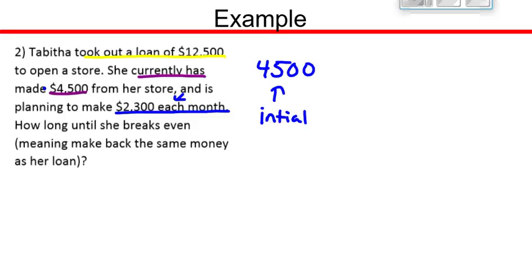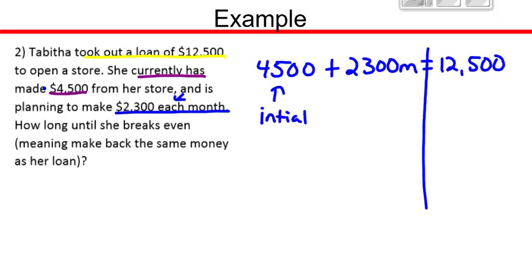So that means she's going to be adding money. Making is adding. If you spend it, you're taking it away. But she's making $2,300 per month. So you can use M per month, or you could use X if you like X. And she's trying to get up to the total of $12,500. So you could go ahead and do your math and then come on back and check it and see if you did it right.